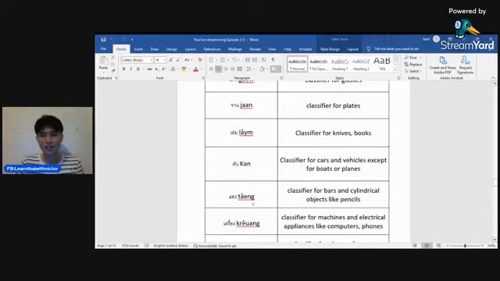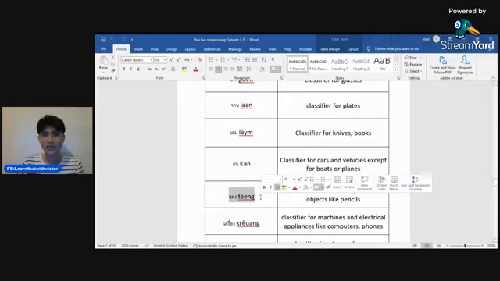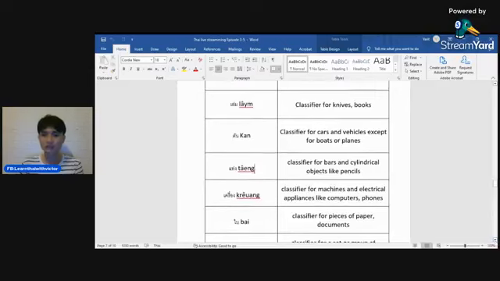Okay, and what about the next one? This one is tang. Can you say it together with me? Tang. The classifier of this one is for things that look like bars, cylindrical, but not a bottle. It should be like a pencil or a pen. For example, pencils in Thai is ดินสอ.